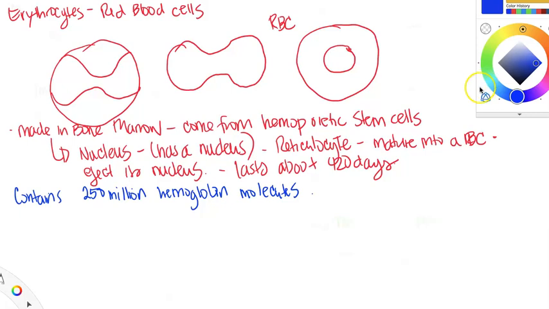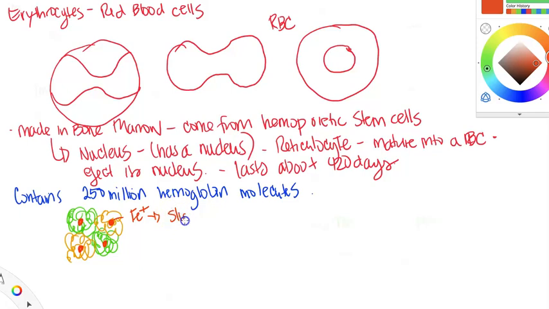Again, it's a protein, it's a quaternary protein, so it has 4 proteins that are linked together. And in the middle of these proteins is an iron ion. And this iron ion is kind of like a magnet, and it will stick to oxygen.